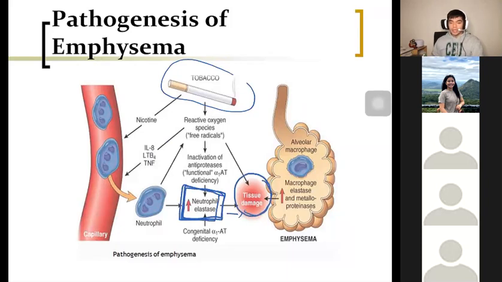And because of that destruction, that could ultimately lead to emphysema. So ang problema lalo dito is nagkakaroon ng alpha-1 antitrypsin deficiency pag naninigarilyo. Kaya ang tendency, mas lumalala. So yan ang effect ng smoking. Gets?